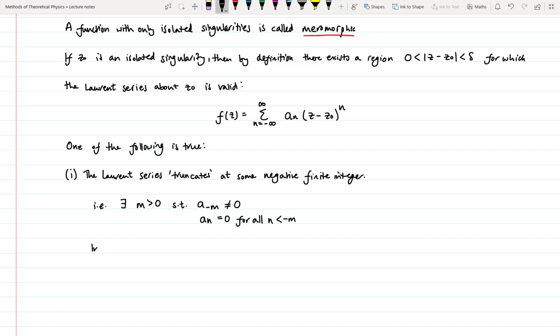Putting that another way, if the Laurent series truncates at some negative finite integer, it means that m is the most negative power of z minus z0.